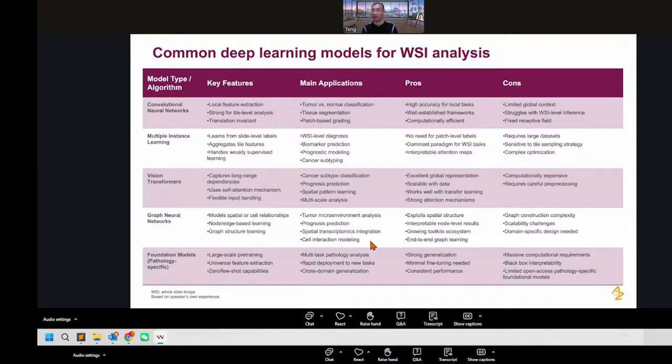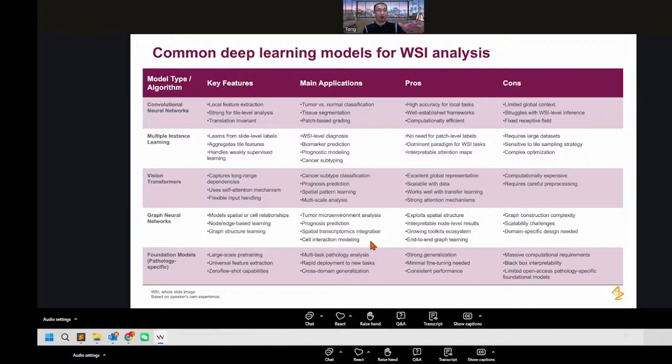It is the model used for whole slide imaging analysis. This list is based on my personal experience and may not be very accurate, and some may be outdated already, because this field is evolving too quickly.